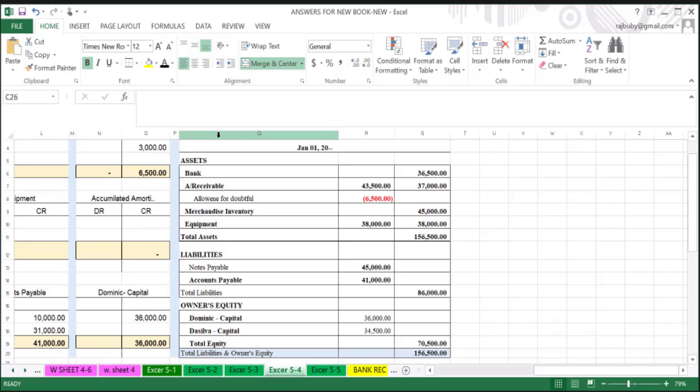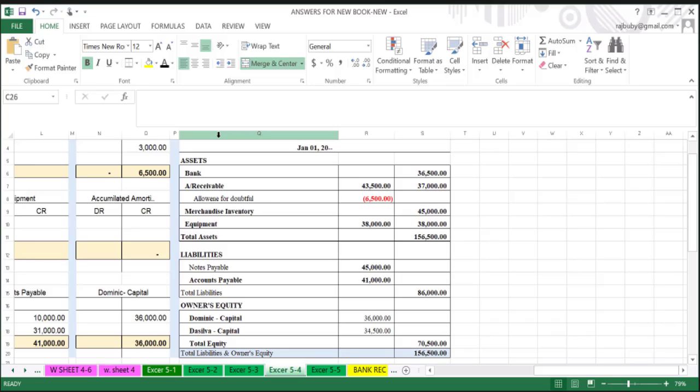Exercise 5-5. S. Anderson, J. Hinton, and R. Amistad liquidated their partnership as of August 31st, 2018. Before liquidation, the three partners shared income and losses in the ratio of 3:4:2.